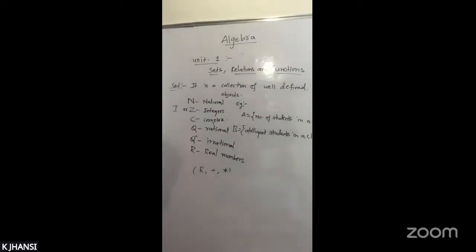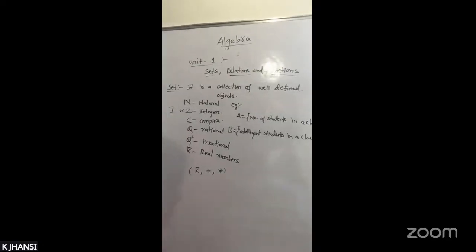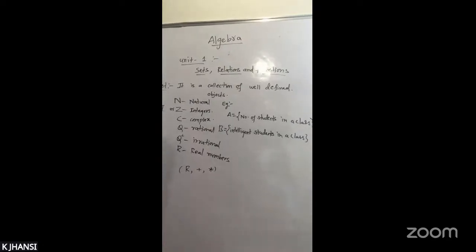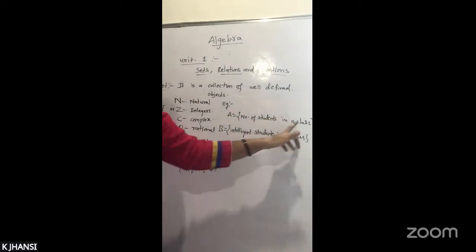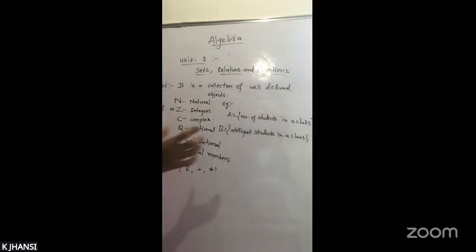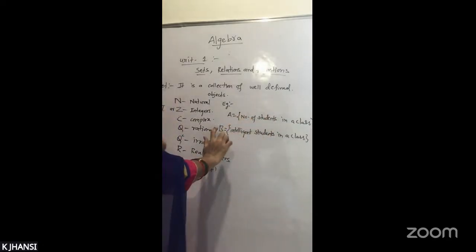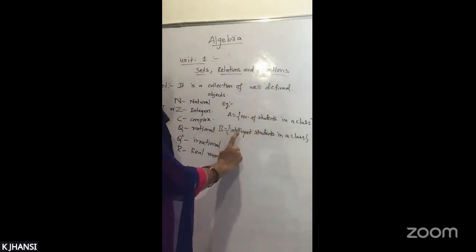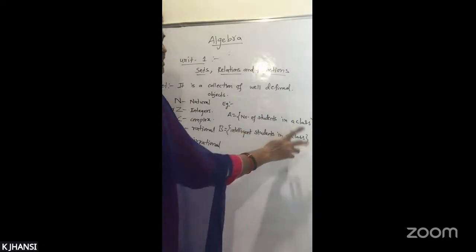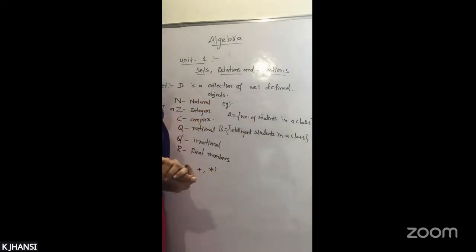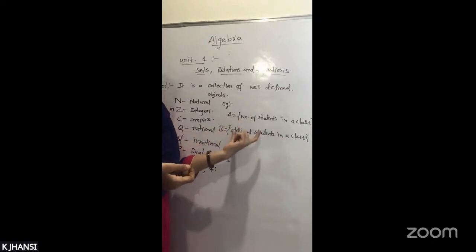If any statement is given like this, you can see that the first set A is defined as the number of students in a class. Here, no doubt, you can know the number of students in a class. But set B has intelligent students in a class. We don't know how many intelligent students there are in a class, which means it is not well defined.